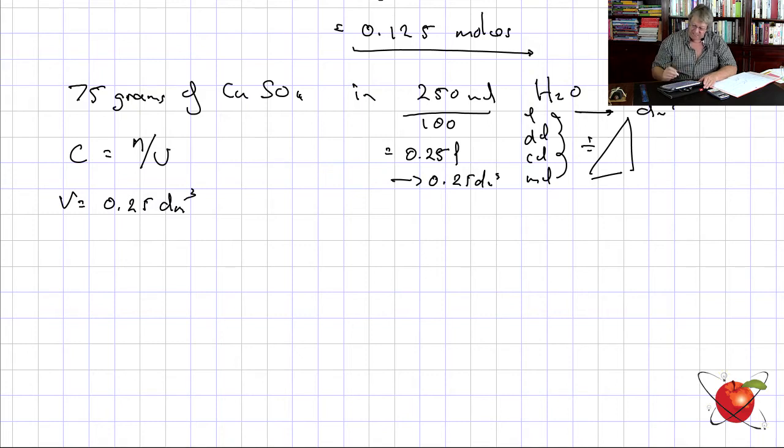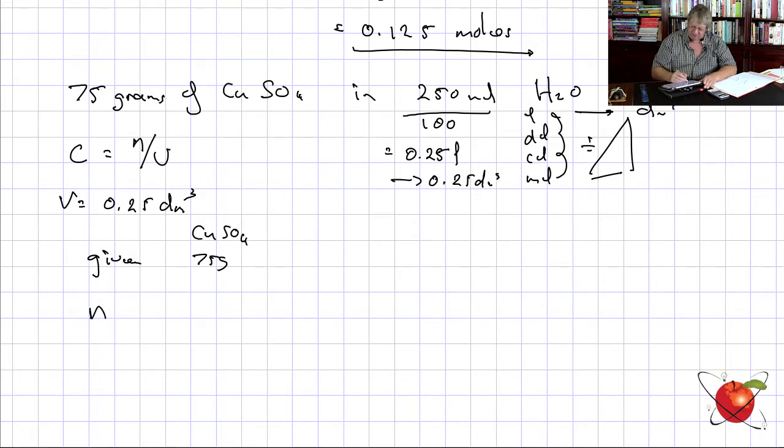Okay. Next we say, we need n, number of moles. How do we get to number of moles? Quite straightforward. We've been given a mass and a compound. We are given 75 grams of copper sulfate.